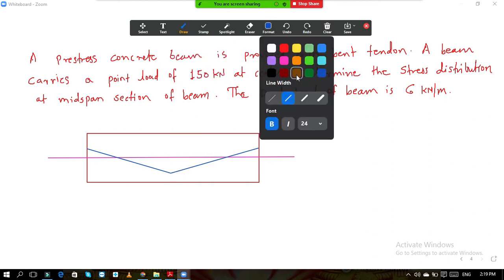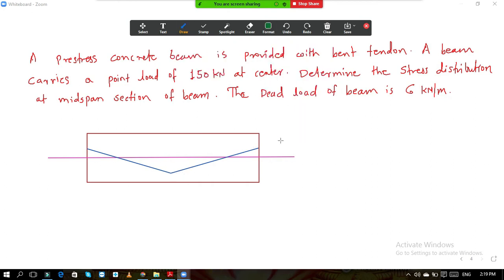Now your stressing force, which is acting at this level, and this value is 1000 kilonewton. All these things are given in the diagram. Nothing much more data is given in the numerical. Then this total span is given as 5 meter.